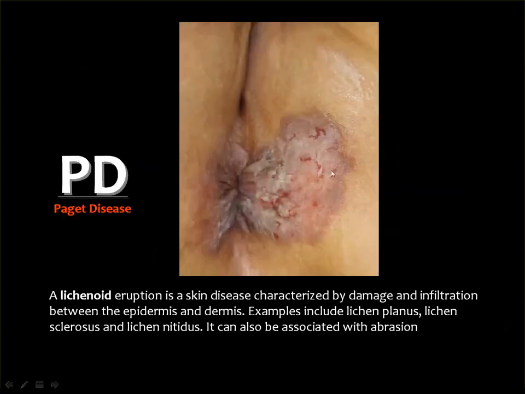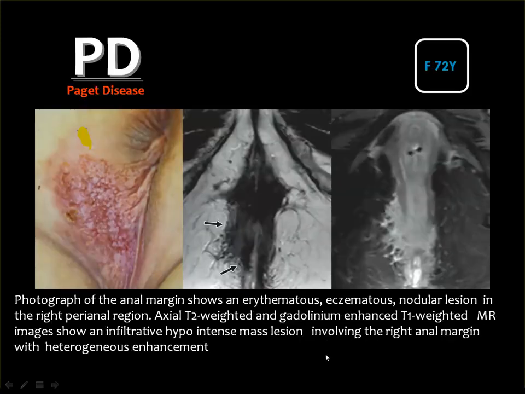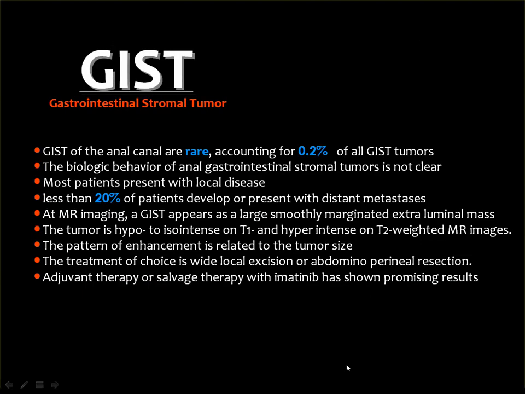But as I have mentioned before, this may be considered as a skin disease and is diagnosed by inspection and by having a biopsy from this lesion, but rarely you may need the help of imaging to see the invasion of the deep structures like the anal sphincters, for example, before doing surgery.